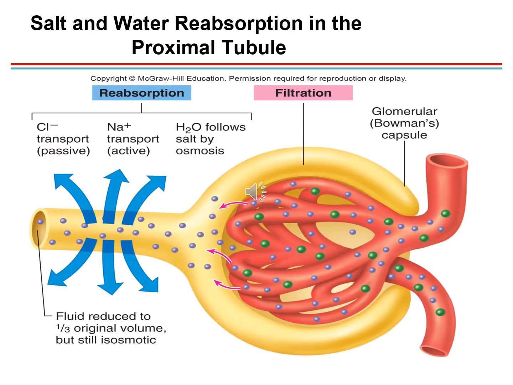In this graphic, you can observe that after the filtration that takes place in the renal capsule, those molecules, and we are talking about water and sodium specifically, move into the proximal convoluted tubule, and right there, the ones that set the concentration gradient are the movement of sodium and chloride. So sodium is transported actively from the proximal convoluted tubule to the interstitial fluid, and from there goes back into the peritubular capillary.